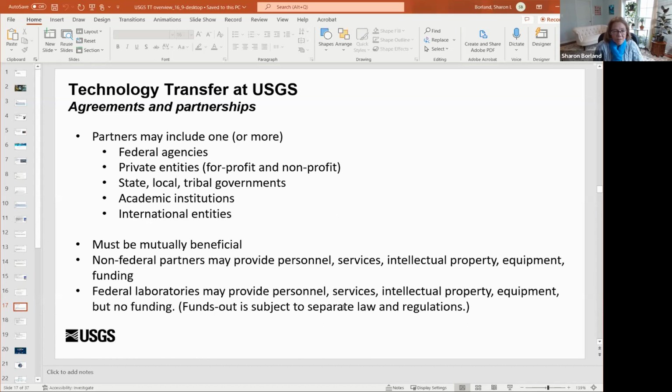Non-federal parties may provide personnel services, intellectual property, equipment, and funding. The federal laboratories can provide everything else except funding. So as I stated earlier, whenever you have funds leaving the government, it's subject to federal acquisition regulations, and it would need to be done through a contract or other mechanism.